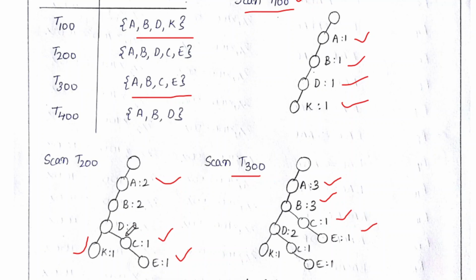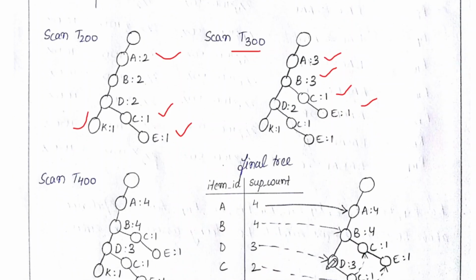The previous tree has the nodes with D, so for D the same tree will be written, and for K as well. Wherever A, B, C, E are repeated, we increment the values to 3. So this is the tree generated for this transaction.